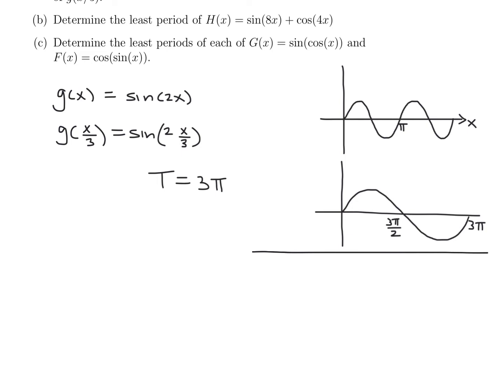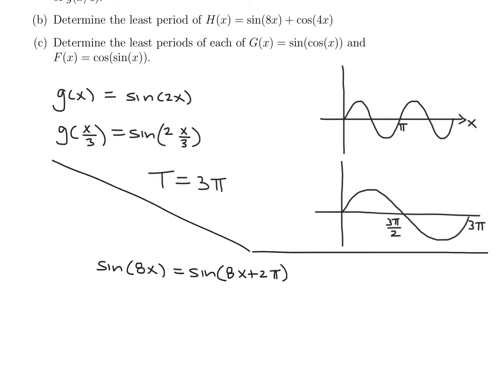Part B. Part B says, determine the least period of h at x, which is sine of 8x plus cos of 4x. Okay, so we have the sine of 8x, which is the sine of 8x plus 2 pi, right?